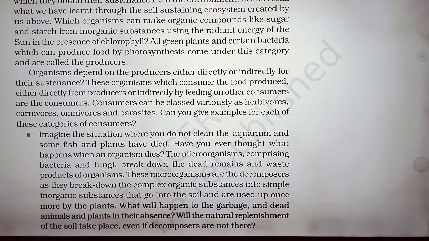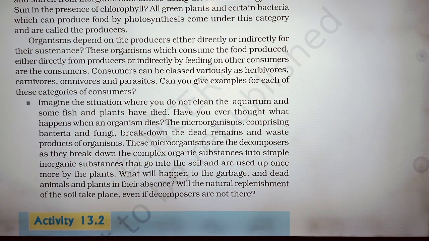These animals which consume the food produced, either directly from the producer or indirectly by feeding on others, are known as consumers. Consumers can be classified variously as herbivorous, carnivorous, omnivorous, and parasites.